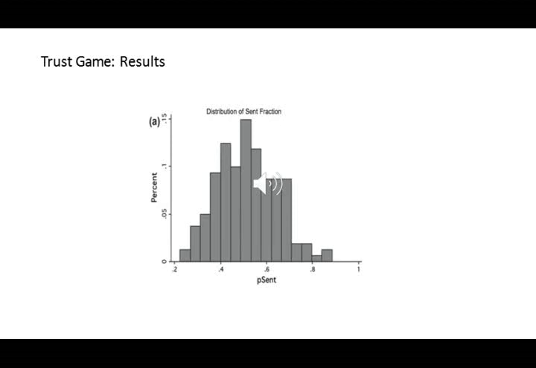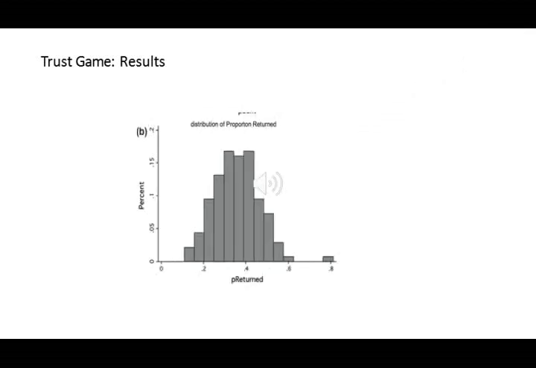to person B, which is, of course, in contradiction to the neoclassical prediction, because neoclassicals thought that individuals would be sending nothing. But in the real world, individuals sent 15% of their endowment to the other individual, which means that people trust others. What about trustworthiness?